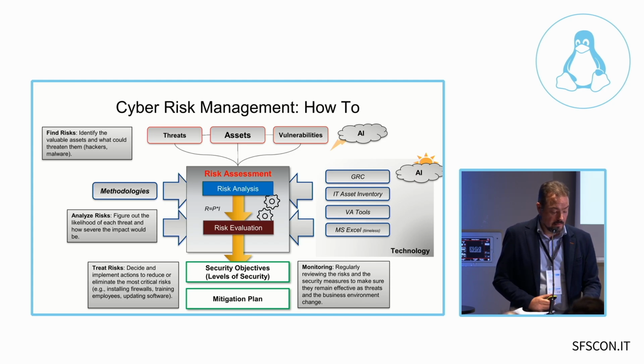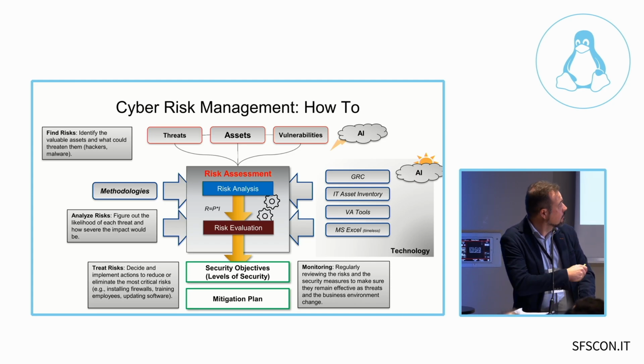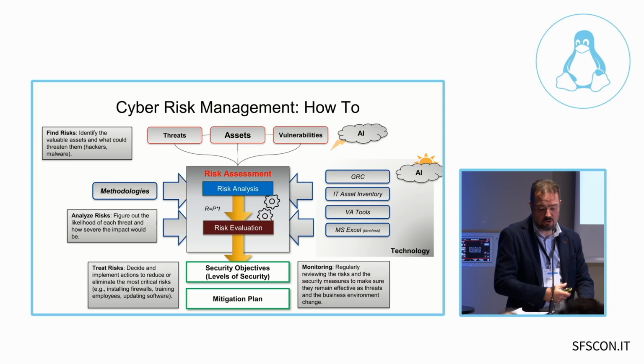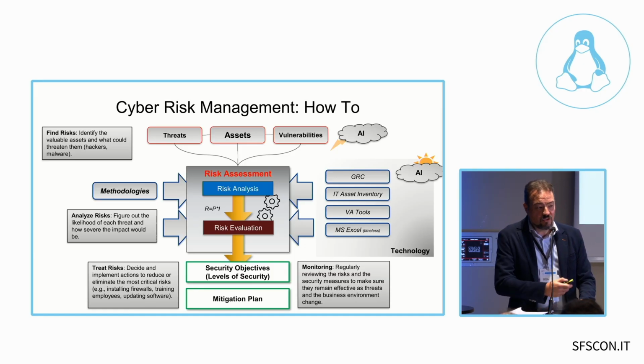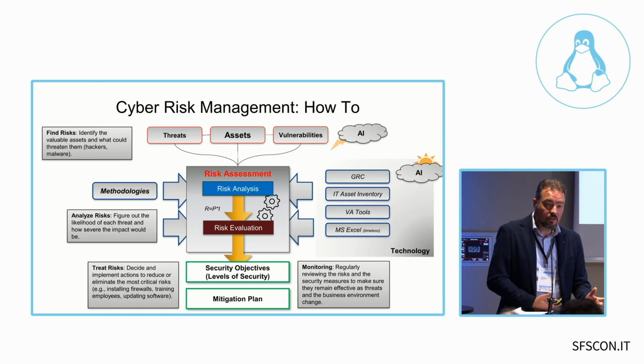All that has to be analyzed with the methodologies we showed before to evaluate probability and impact, and then decide how to mitigate that risk. Is it too high or could it be acceptable? To do that, you can use technology. There are many technologies and tools that will help in performing a risk assessment.